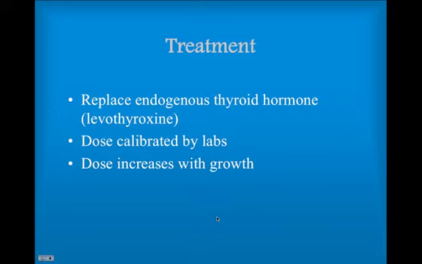But it's pretty well been decided, I think, that the upper levels of normal are really kind of borderline in terms of thyroid function. And so most people these days will treat down so that the TSH is about 2.5 or somewhat below that.